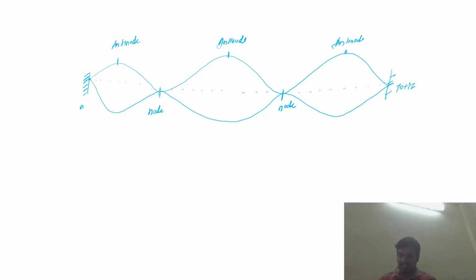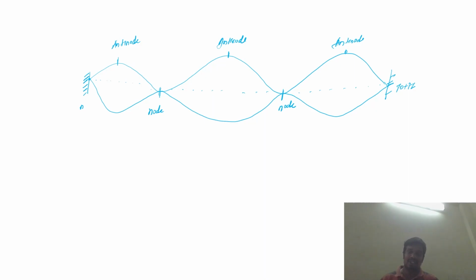The nodes look like zero displacement, but the points on the string vibrate with the 70 Hz frequency. Suppose you are using a 70 Hz tuning fork to produce the standing wave, definitely all the node as well as antinode points will vibrate with the same frequency, 70 Hz. So this is the way we can characterize the standing wave.